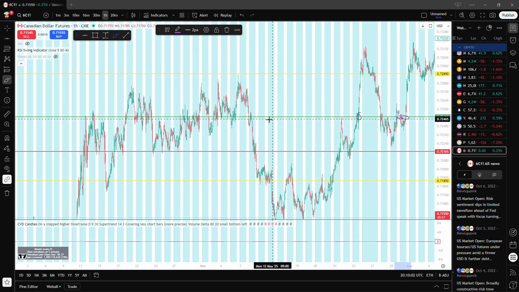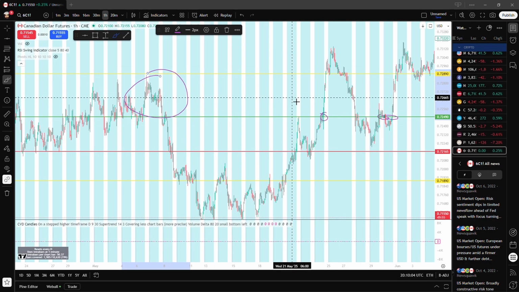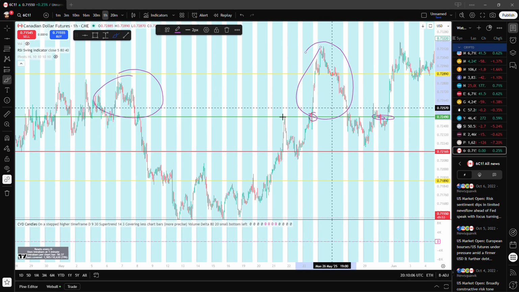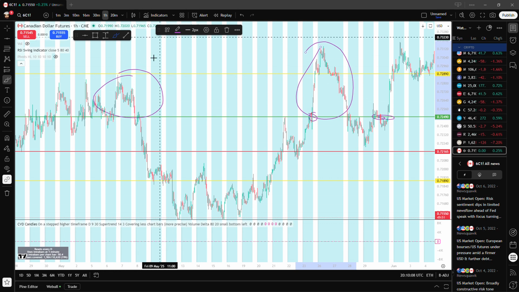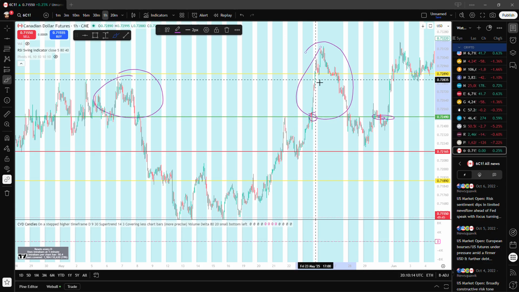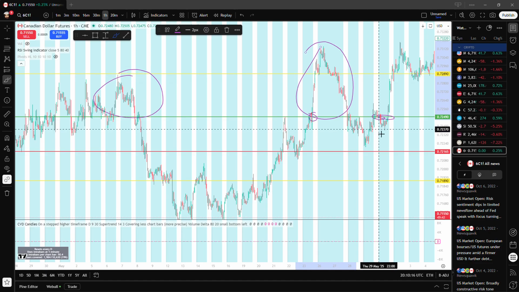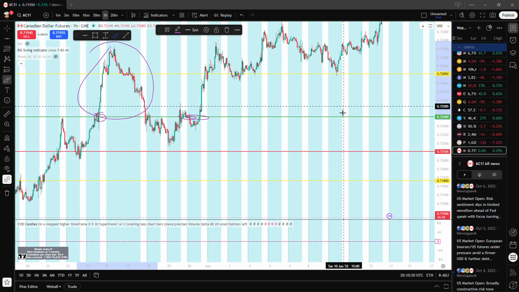Because technically this could be used as an indication instead of this. Technically I could have used that as an indication. And then, oh, a high was formed, okay. And then when it broke that high, oh, to make money. There. So this is what I'm kind of getting stuck on.